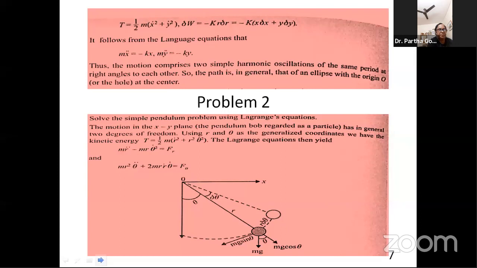No idea. These are second order differential equations of first degree. You all realize that? Hello? Hello, yes, sir, we can listen to you. These are m ẍ equals minus k x, m ÿ equals minus k y. Both of them are second order differential equations of first degree, right? What physical system do they correspond to?